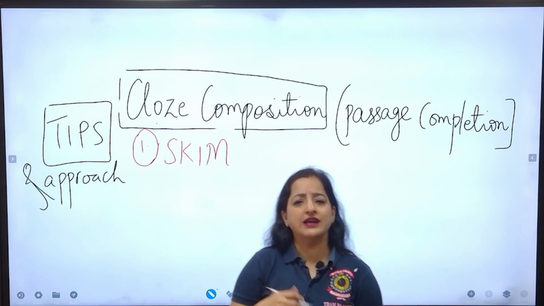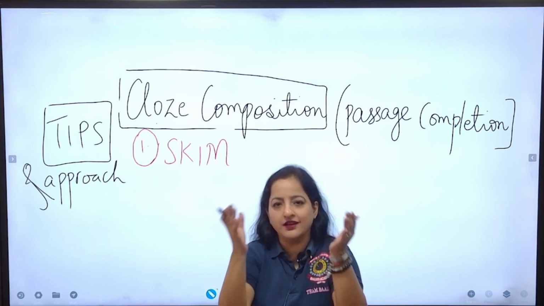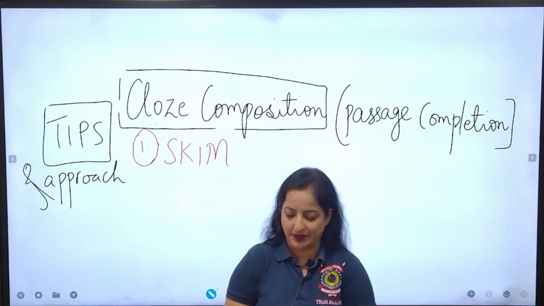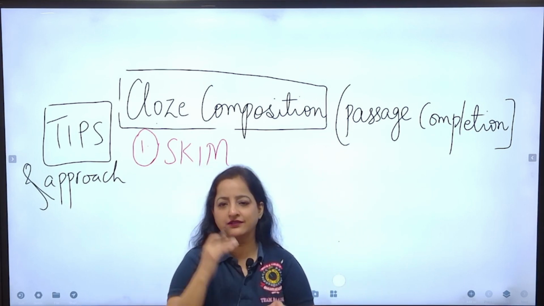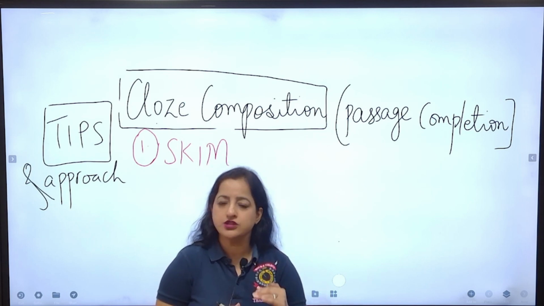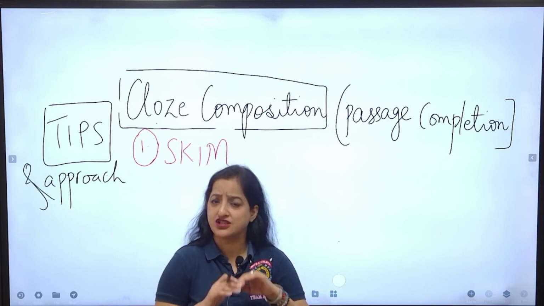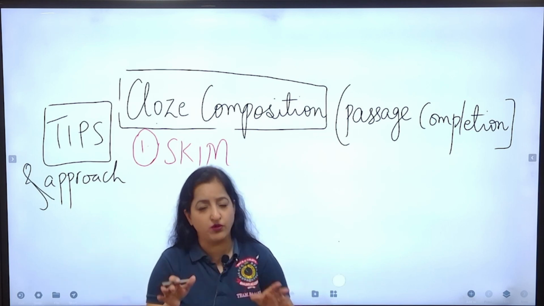Now what I mean by skimming is quick reading in order to get a general idea about the context of the passage. Now like I said, there are fill in the blanks and each blank they've given 4 options, A, B, C, D. We should not read the options at all while skimming. We're going to kind of overlook the options, ignore the options.